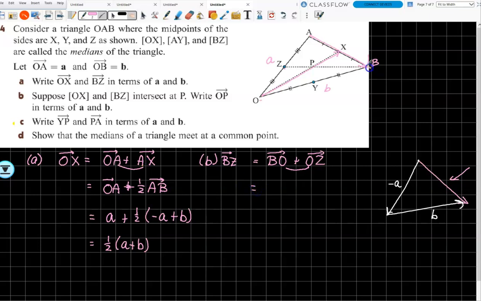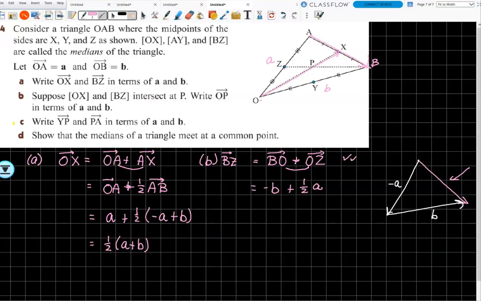Okay, so B to O, OB was B. So again, you could write O minus OB if you wanted to, or we could just go minus B. But at least some notation of what you are doing is definitely needed. Now OZ. Oh, that's nice. Yep. So again, if you wanted to go half OA, you could, but I'm now being a little bit naughty and just going a half A. But at least I've got one line there. Okay, so everyone agreed with that?